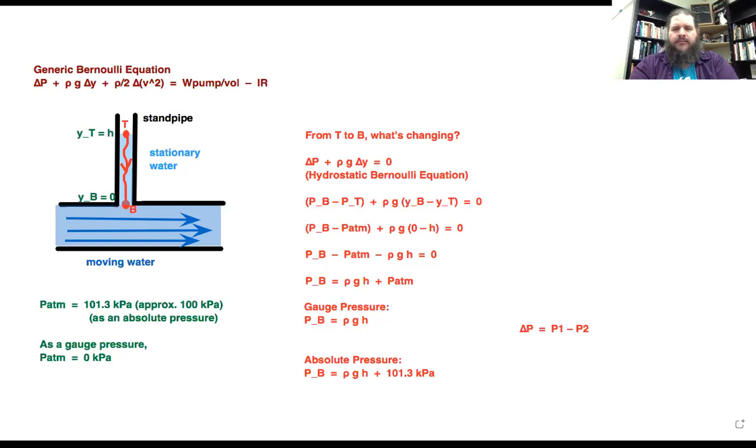Add 1 atmosphere. Yeah. Just like if you're converting between Kelvin and Celsius, you'd add or subtract 273 Kelvin. So if we were to add 1 atmosphere to both of these and then subtract, what's going to happen?